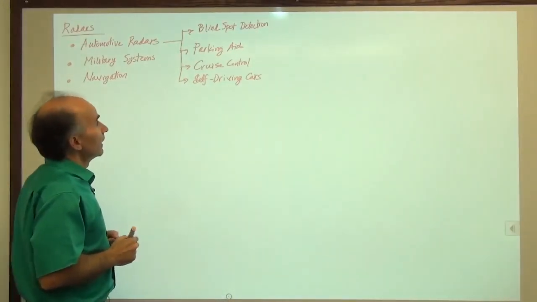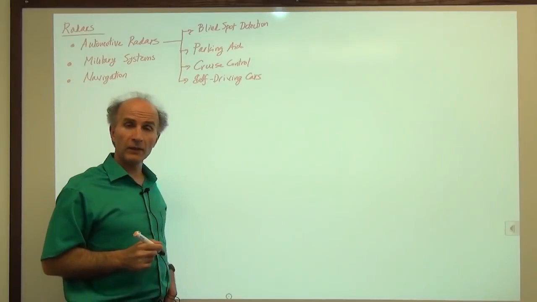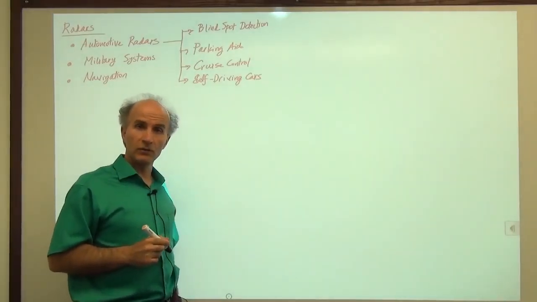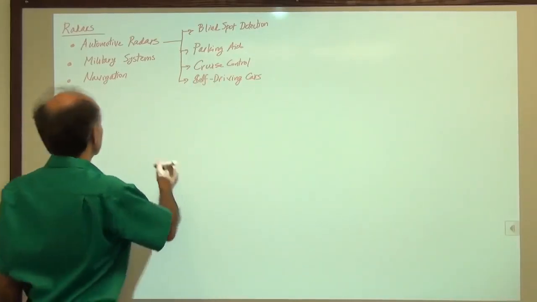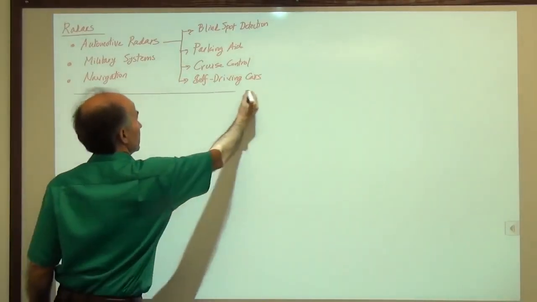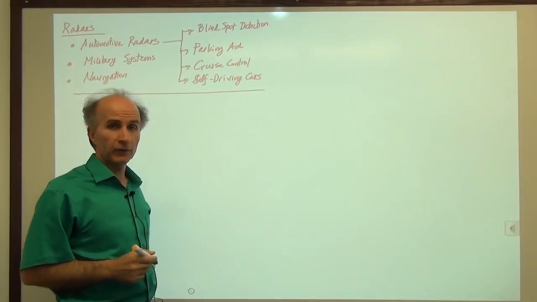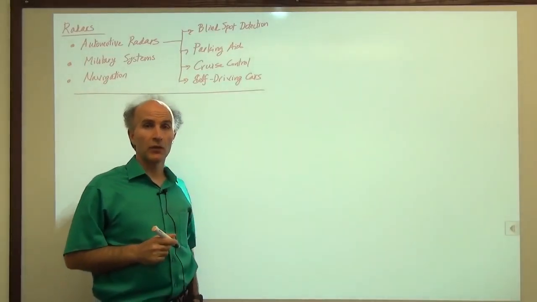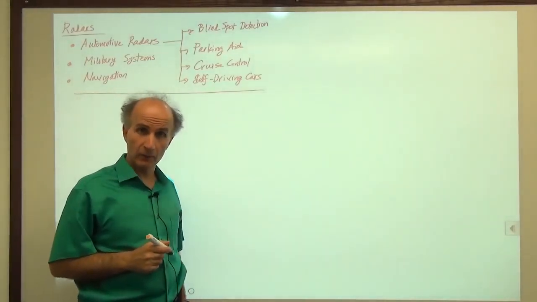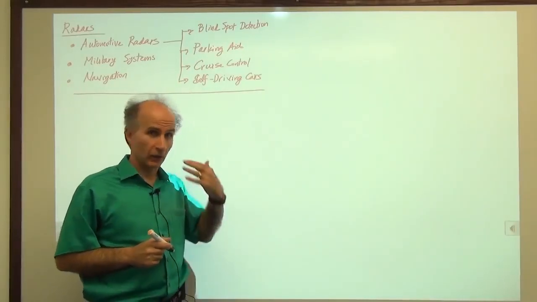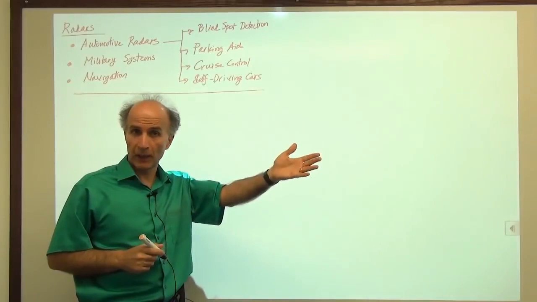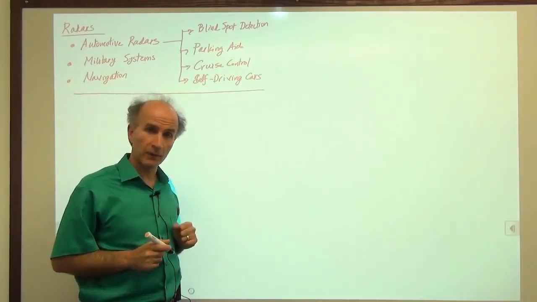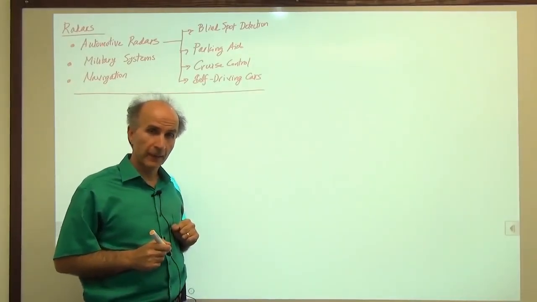Okay, so we want to look into radars and see exactly what it is that they do and how they become useful for these functions. Well, radars actually were invented after people understood how bats operate. When bats fly at night and they don't have any vision, how do they find their way? How do they find the prey, etc.? So it was very interesting how they discovered this.